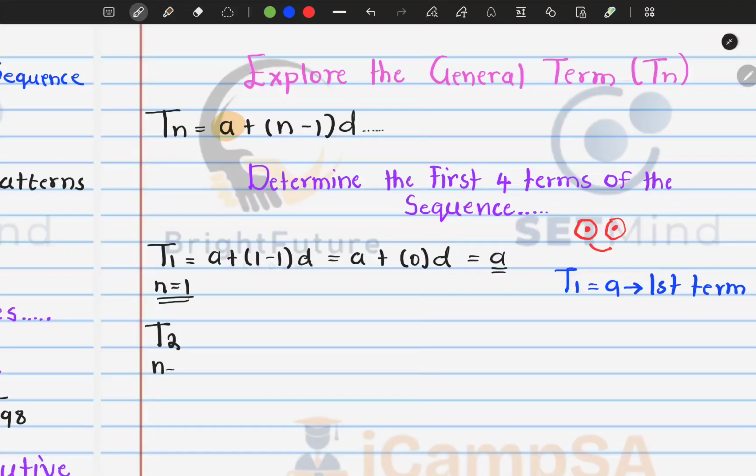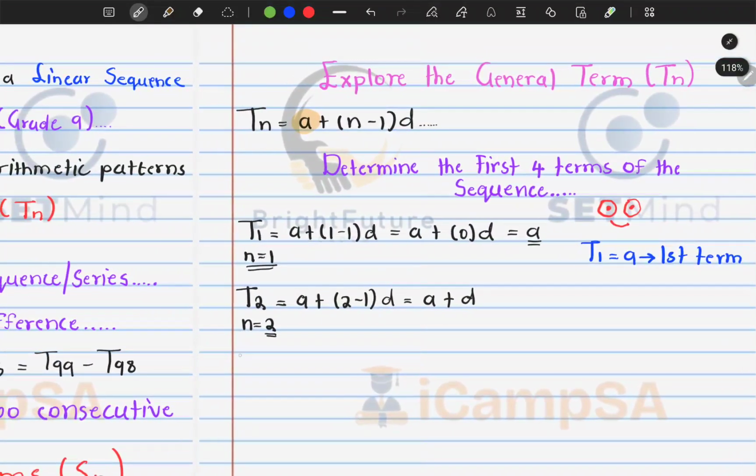What T2 means is wherever we see n, we put in 2 on that original or general term. So we'll just have a plus 2 minus 1 times d, and you will see the answer is a plus d. So that is T2. Let's go and have a look at T3. T3 will just take n and make it to be 3.